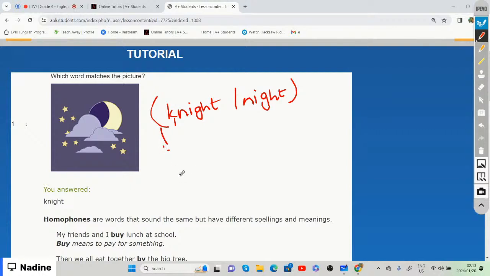All right, so if we look at these two words, it's night with a K, and then we have night with just an N. If we look at this picture, we're going to have to match the word night with the picture. If we choose the correct night, we will choose the second option because it's like day and night.